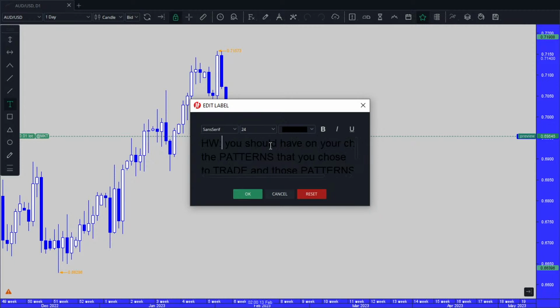Okay, homework number 1 so far. Homework number 1 and number 2. Number 2, you should have saved your charts, the 4 charts per currency pair.